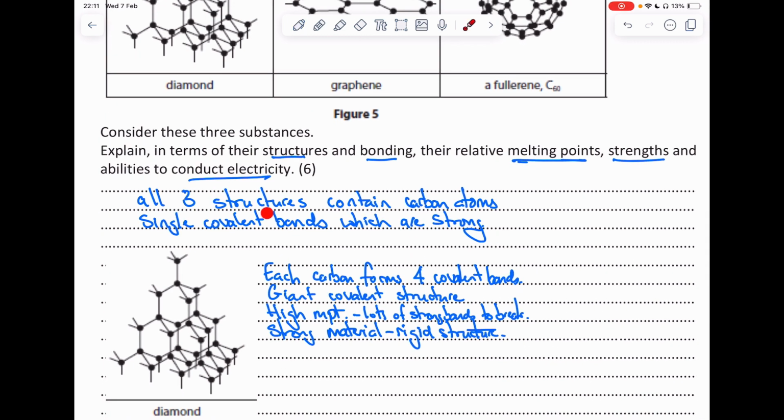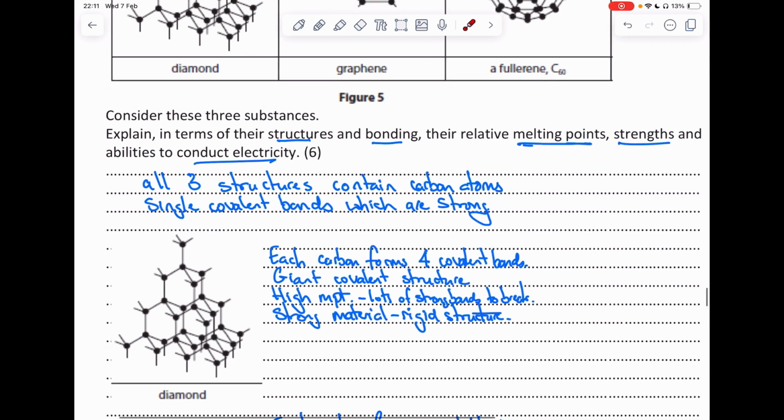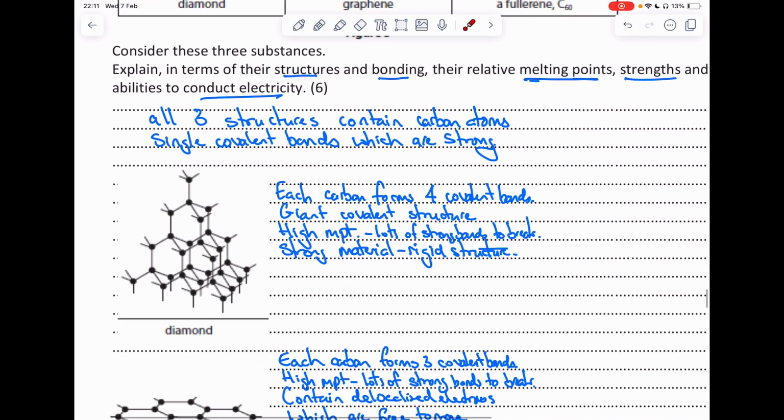First thing to say is that all 3 of them contain carbon atoms, and they contain single covalent bonds which are strong. If we then pick up the first one here, which I'm doing diamond first, each carbon atom has 4 covalent bonds. This gives it this giant covalent structure.